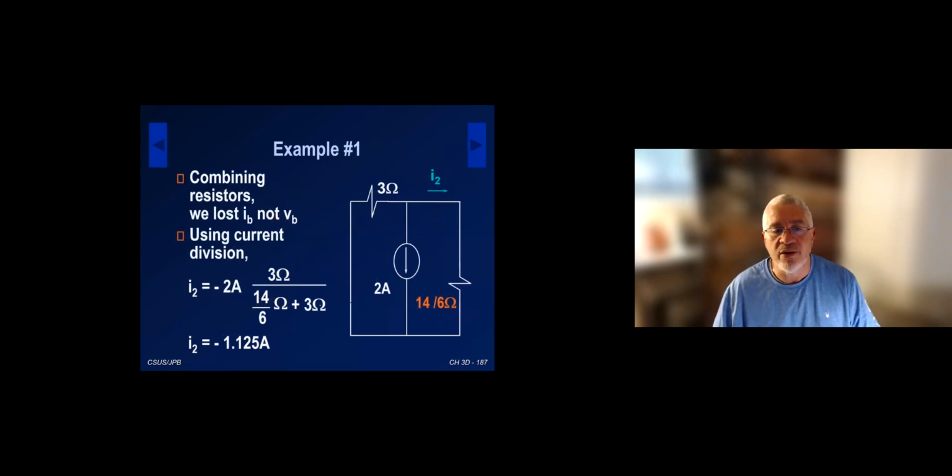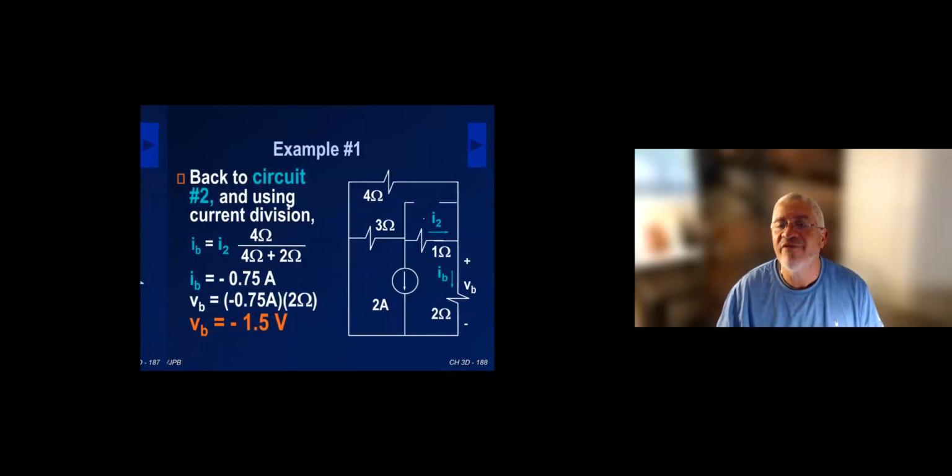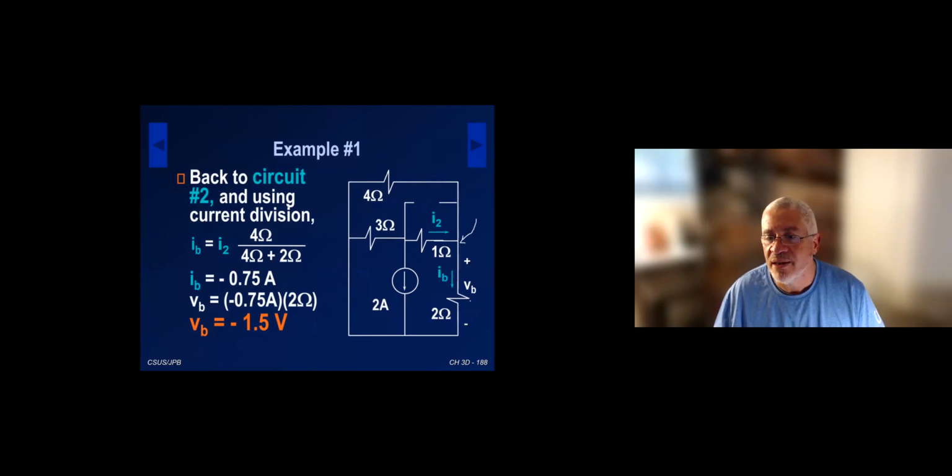So current division is going to give -2 because I need the current that's coming out this way, and then drops down to the 14.6 resistor. Okay, so I2 is equal to -1.125. Once I have I2, I can go back and then reapply current division right here, because the 2 ohm and the 4 ohms, essentially, they are in parallel.